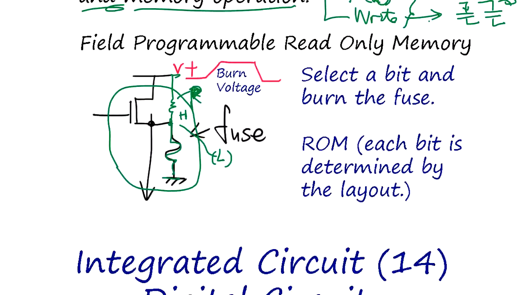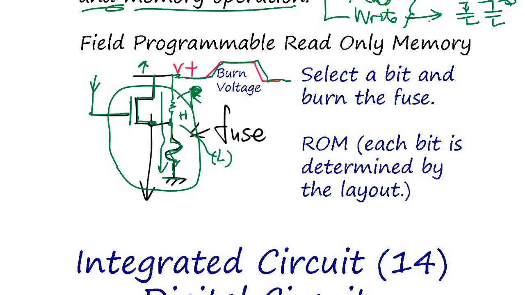Okay, and there is a gate transistor here, and when you select this and increase the voltage like this, suddenly a large current flows and the fuse is blown.